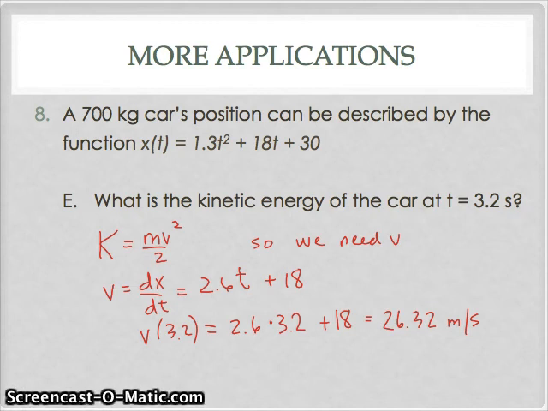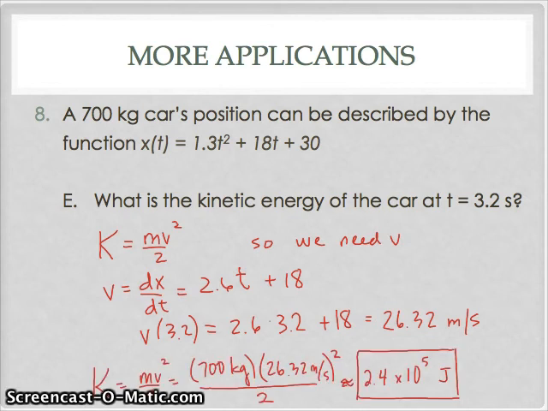We put in our value of time to find the v for that particular moment, 26.32. And then we would involve the kinetic energy formula using the mass and so forth. So pretty high value, but this is a very large car, or a fairly large car, so 2.4 times 10 to the 5th joules.